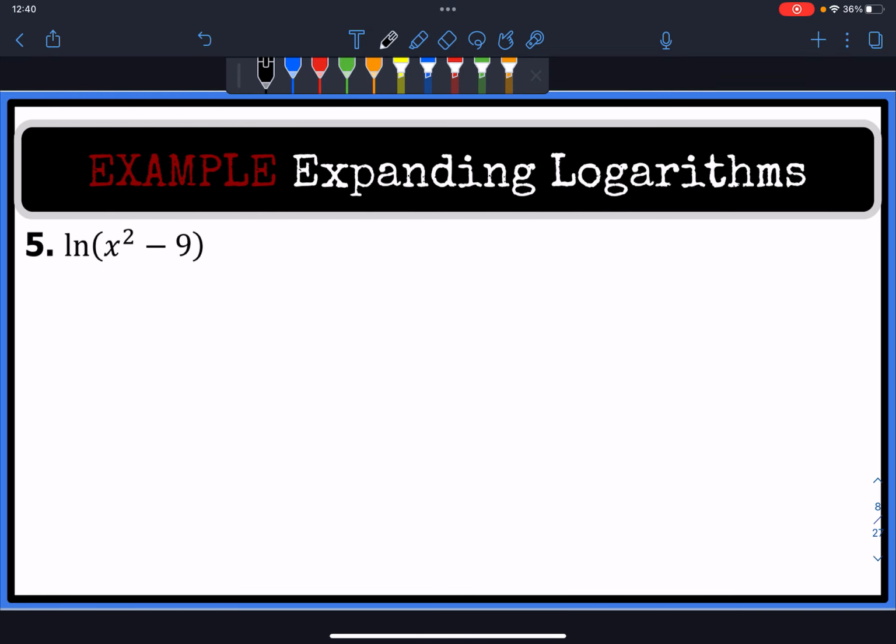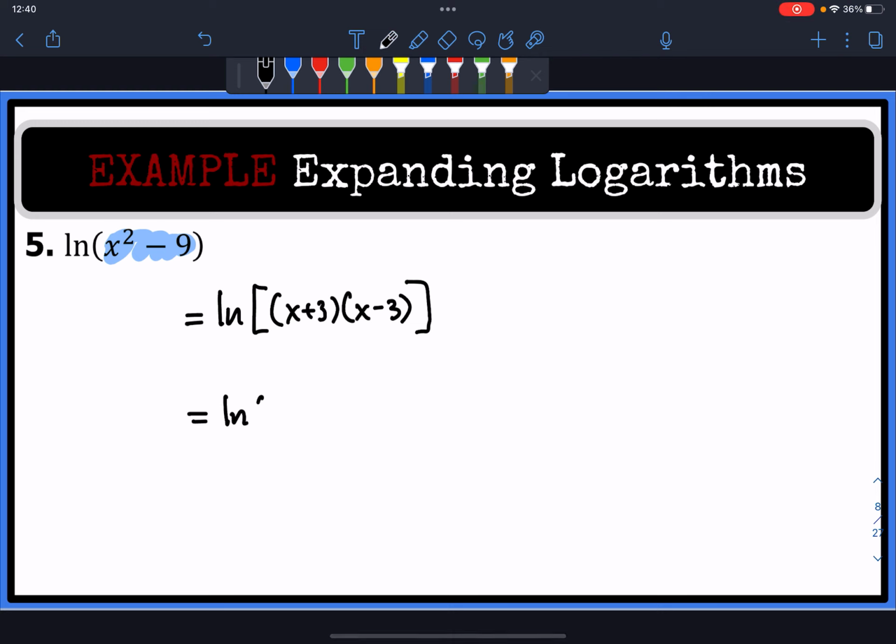Our next example is also a little tricky one right here. We don't know what two things are being multiplied here, but in this example, because we have x squared minus 9, that is a difference of squares. So if I write x squared minus 9 as the product of x plus 3 and x minus 3, again, this is just factoring into the difference of squares, then we can expand this to the natural log of x plus 3 plus the natural log of x minus 3.